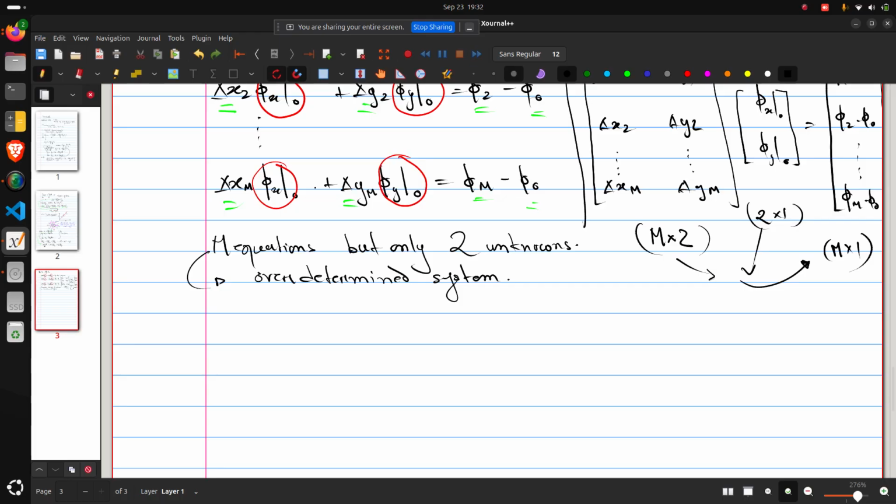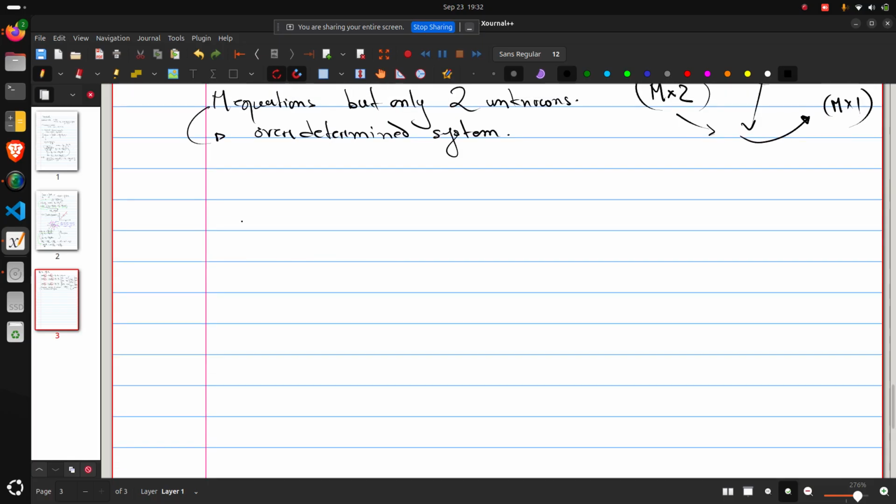So, if you remember, in the beginning of this section, I had told you about the fitting problem, that we had some experimental values like this, and we want to fit a line which has the least squared error.